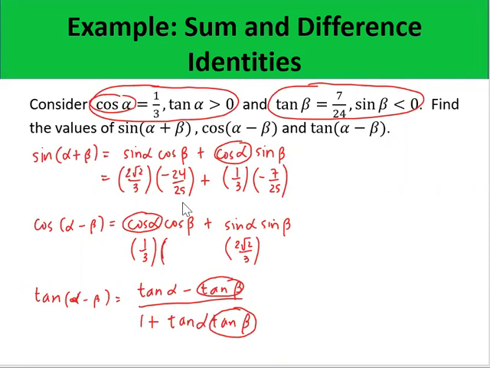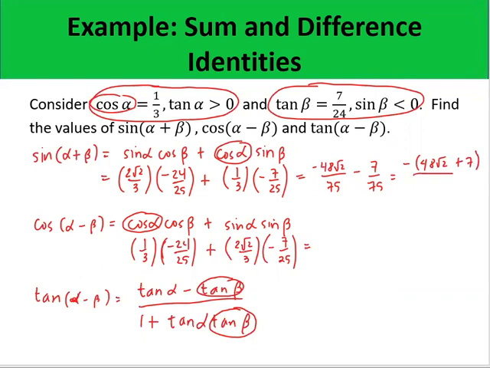So simplifying this further, 2 square root of 2 times negative 24 is negative 48 square root of 2 over 3 times 25, which is 75. And then 1/3 times negative 7 over 25 will be negative 7 over 75. So we can write this as negative of the quantity 48 square root of 2 plus 7 all over 75. So that's the value of sine of alpha plus beta.